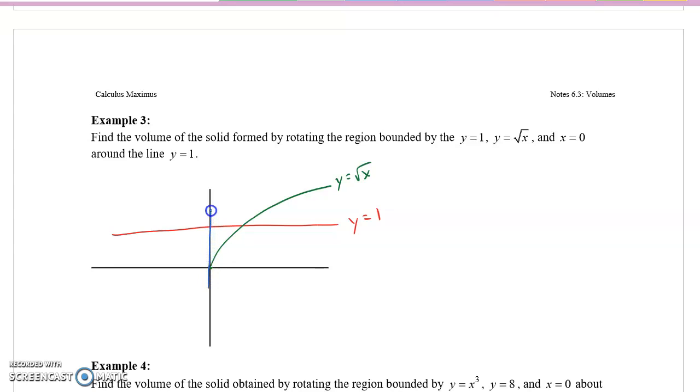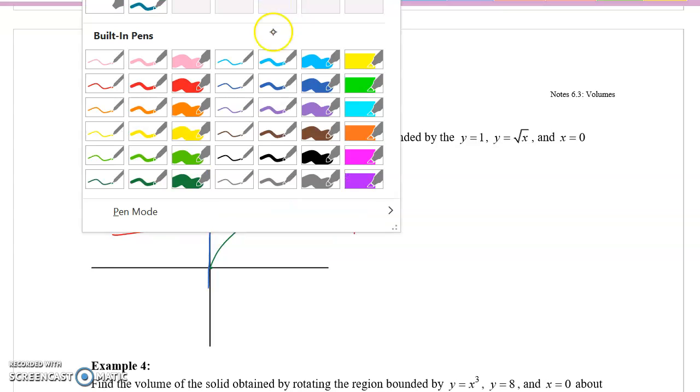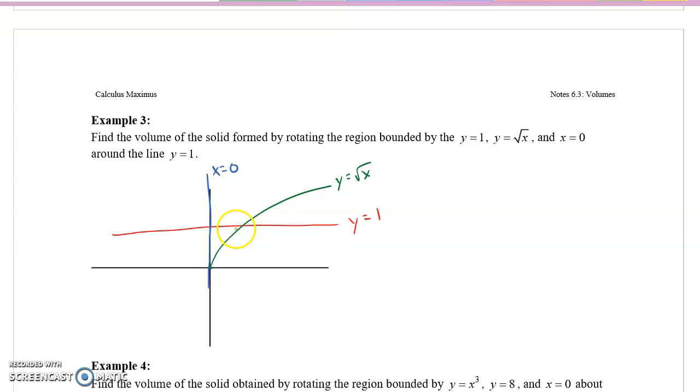So if we look at just those three curves, this is x equals 0. This region that's bounded, this triangular-ish shape right here, is being revolved. This time it's being revolved around the line y equals 1. So take a look at what's going on here. We're going to take this rectangular region right here and revolve it.